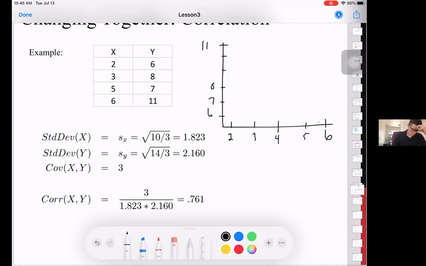Okay, so we've got 2, 6 right here, 5, 7, it's right here.